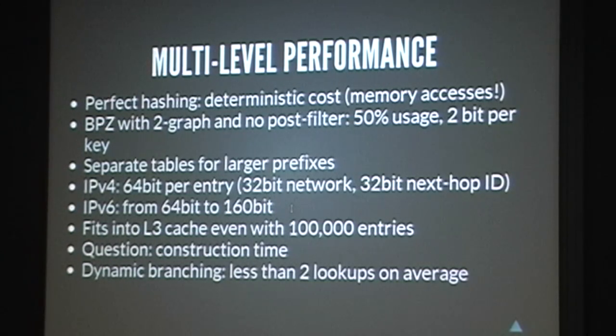And the nice part is I can easily fit something like 100,000 routes into the level 3 cache of a modern CPU, which would be about the size of the BGP announcements nowadays. What? No, you're at 400,000. Doesn't matter. It's just a factor of 4, and with the 2 bits additional storage, it's not that bad.